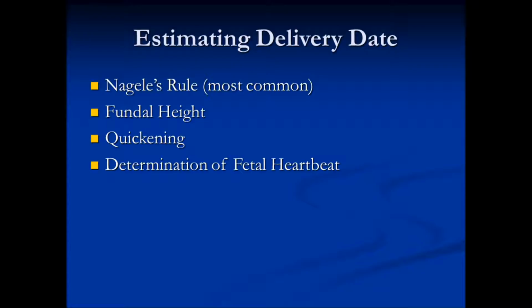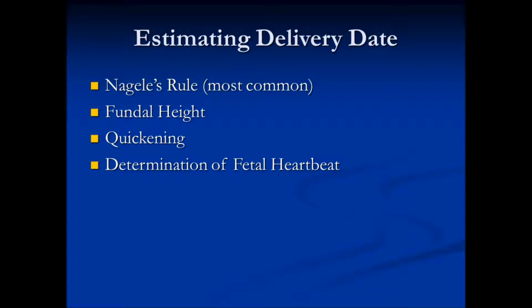What you're going to do is you're going to subtract 3 months from the first day of the last menstrual cycle. And then you're going to add 7 days to that number. And then that will give you your estimated date of confinement, meaning when the baby is due, the delivery date.